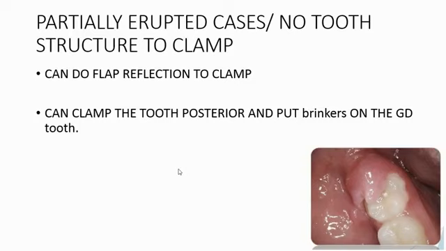One more thing is that you will have problems in placing a rubber dam in partially erupted cases, or where no crown structure is present to clamp. But guys, with the use of special clamps in a few procedures, you can do that also. For example, in a partially erupted tooth, like this 8 basically, or any 6 or 7 which is partially erupted, if you raise a little bit of flap and remove this soft tissue, you can get the cervical constriction.